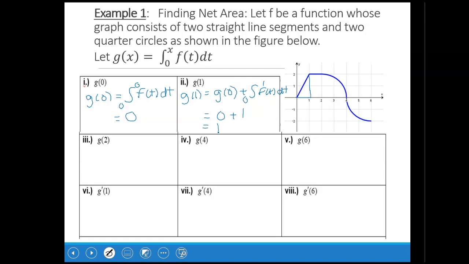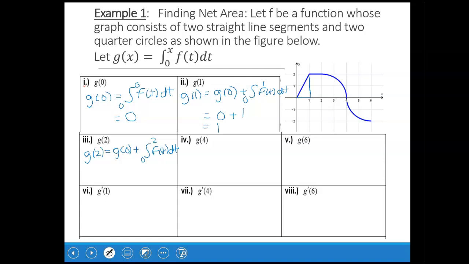G of 2 would equal g of 0 plus the integral from 0 to 2. So you have 2 ways you could go about doing that.